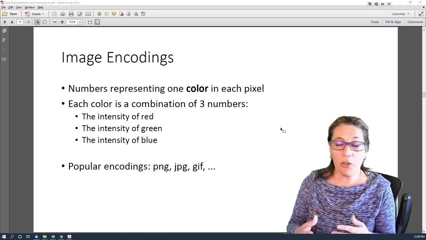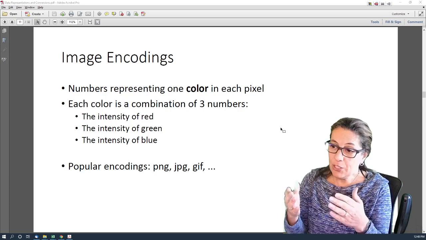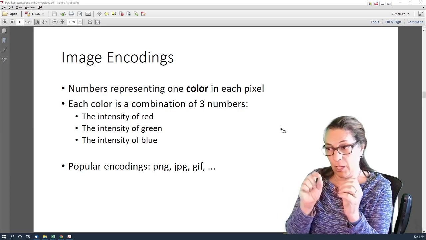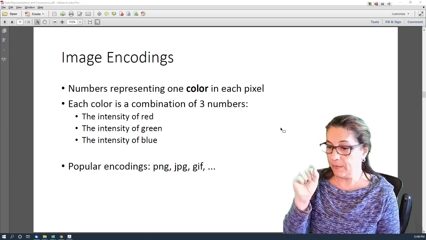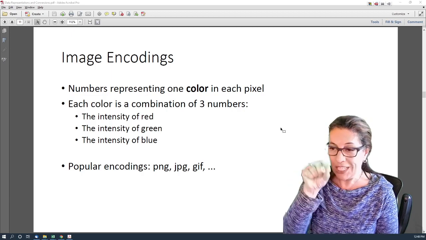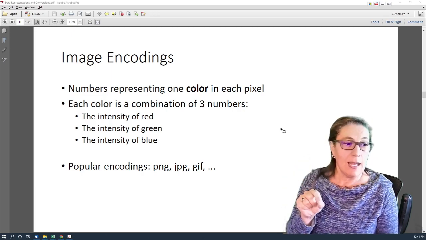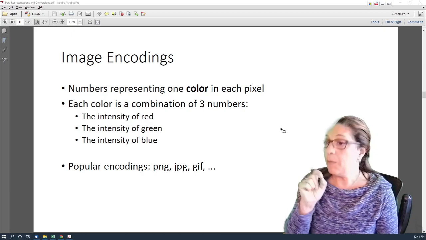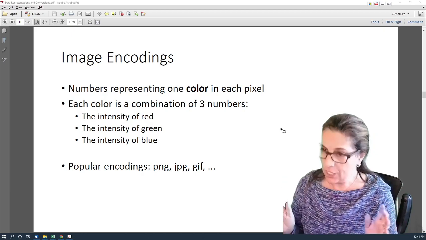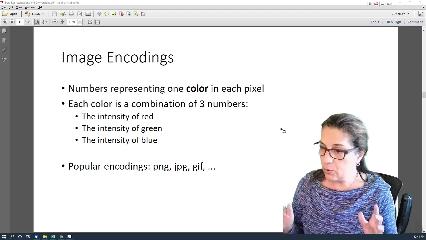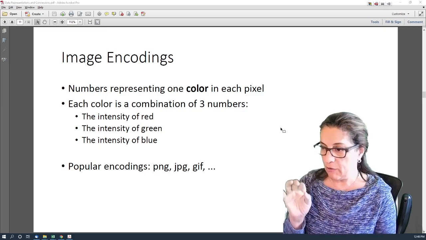So image encodings take an image, and then they assign red, green, and blue values to each of the pixels. That's the most important thing that all image encoding formats do. It's all the combination of red, green, and blue.